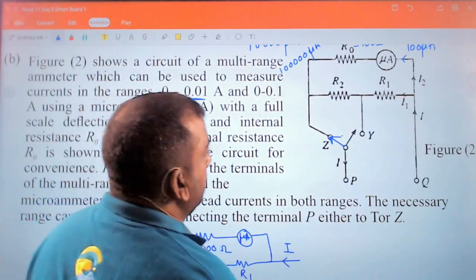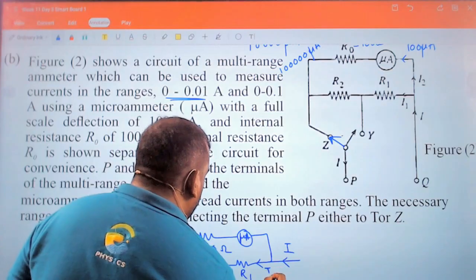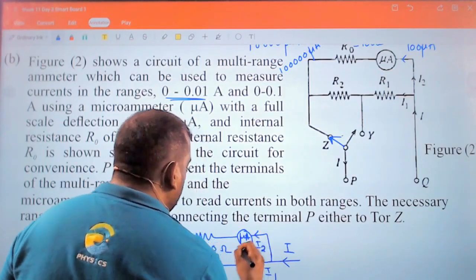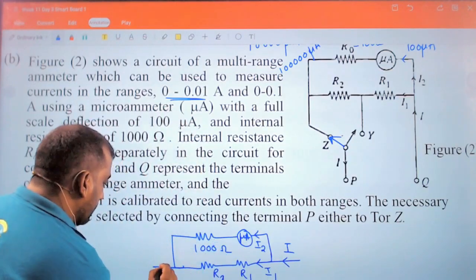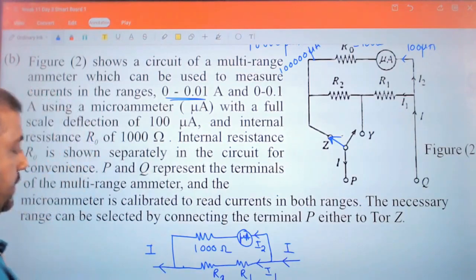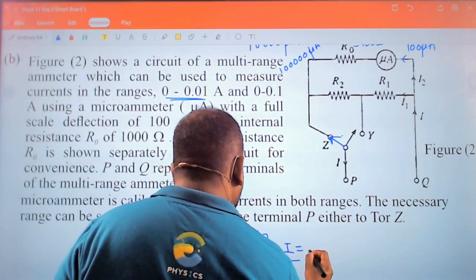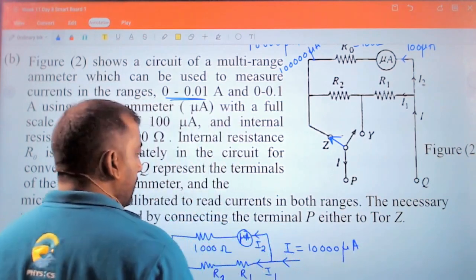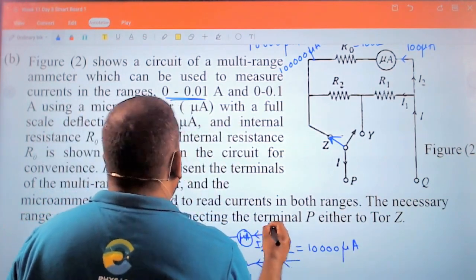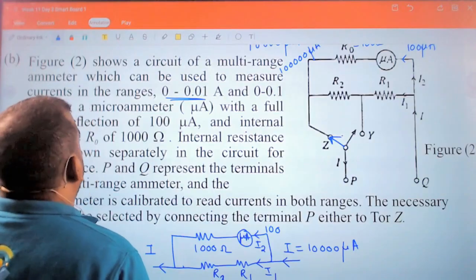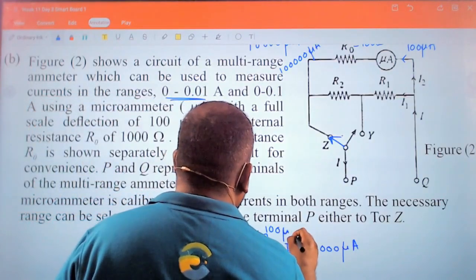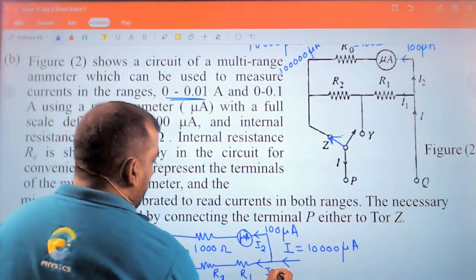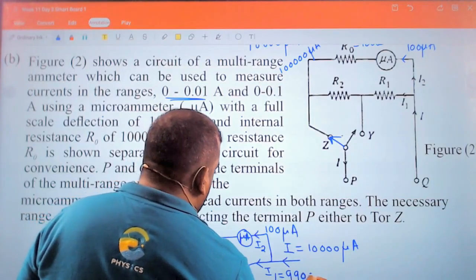Current is I. Current will divide here I1, here I2. This major current is 10,000 microamperes. Full scale deflection 100 microamperes. Remaining current here 9900 microamperes.